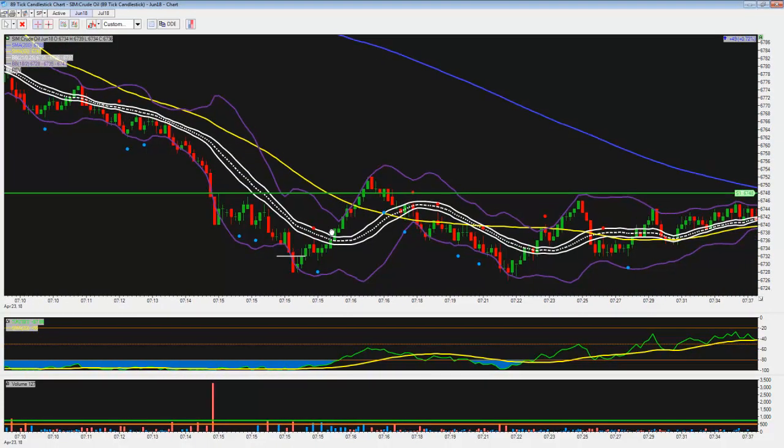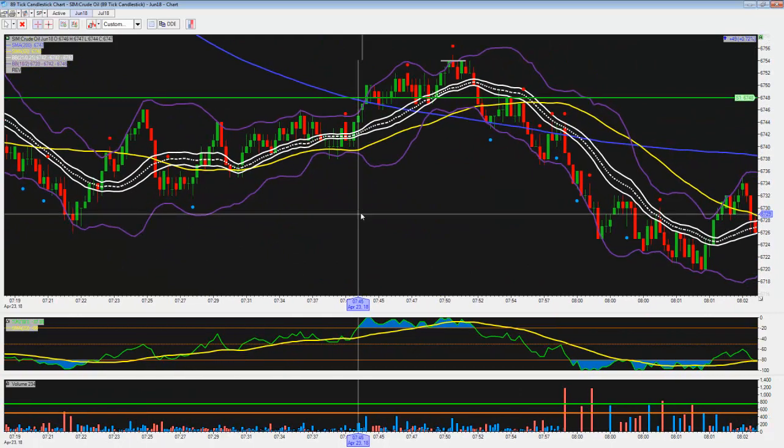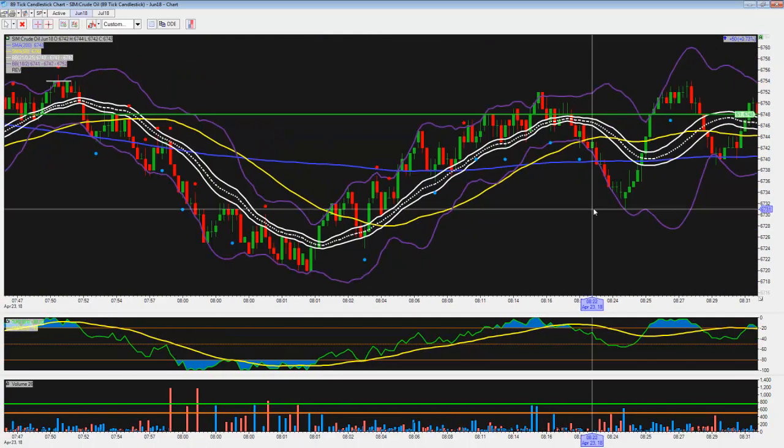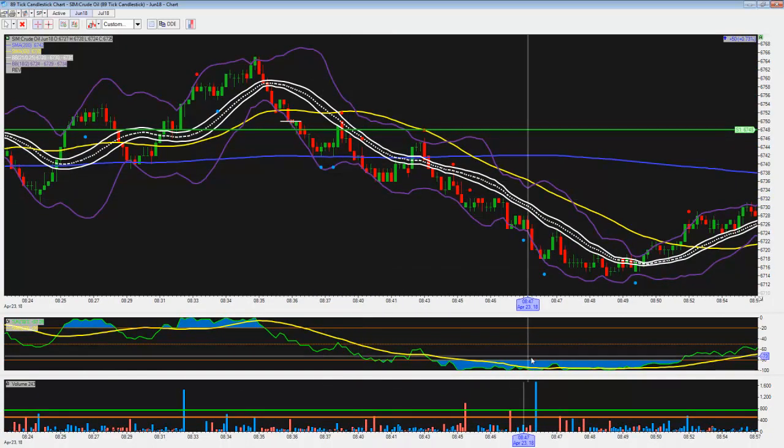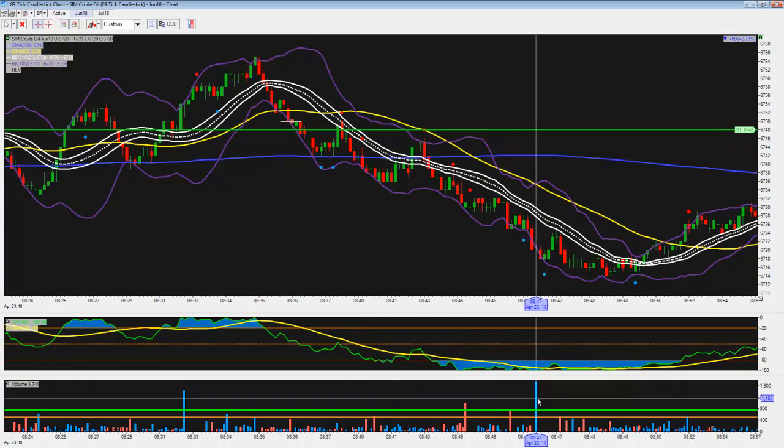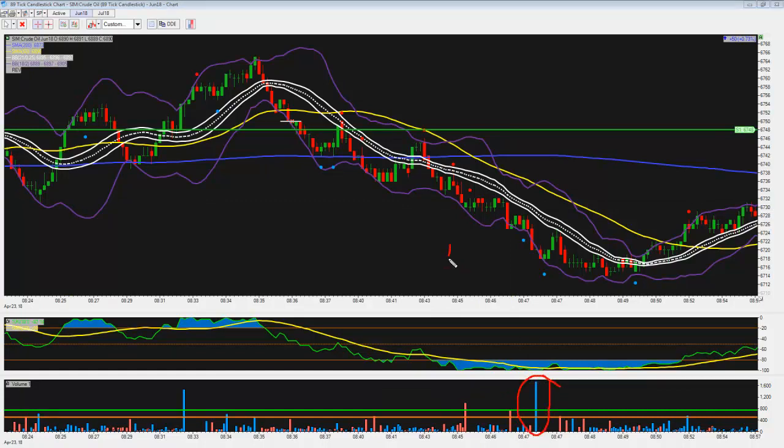Now, if I would ignore the short that I ended up taking, what made this different was this blue right here. That bar is not red. And it ends up being the session low.